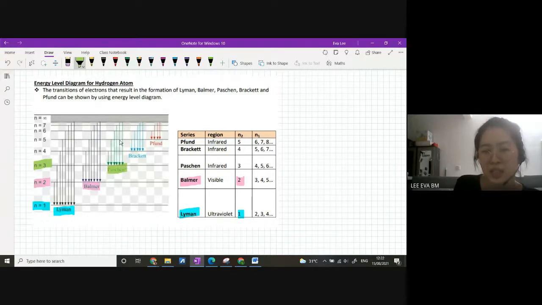Every single transition falls down to ground state 3, which represents Paschen. For 4 it is Brackett, and for 5 it is Pfund.